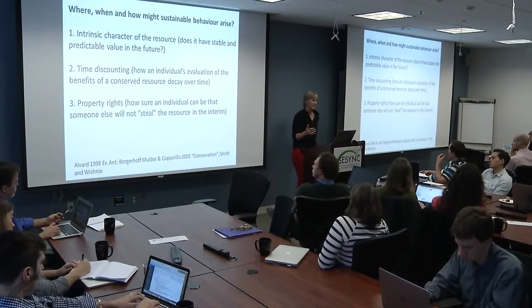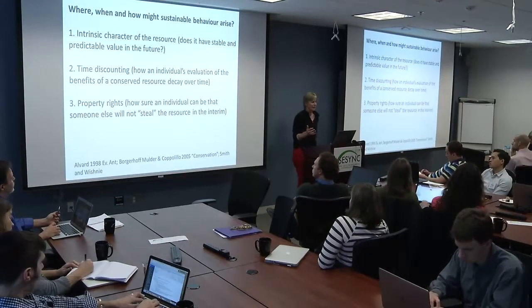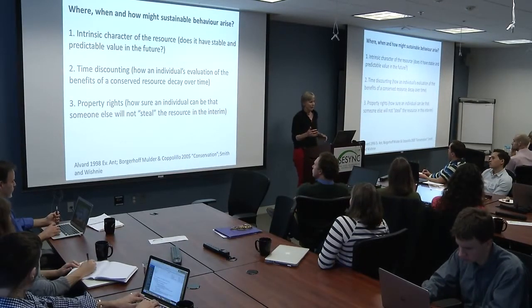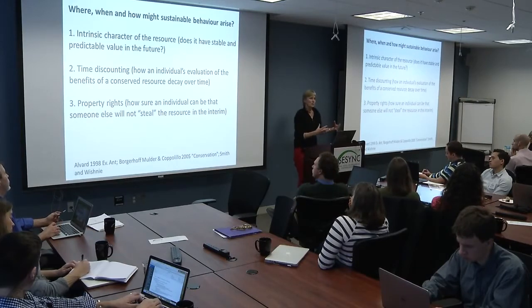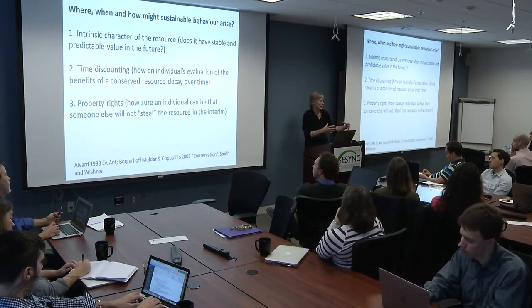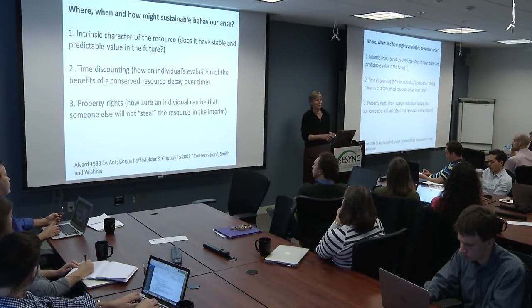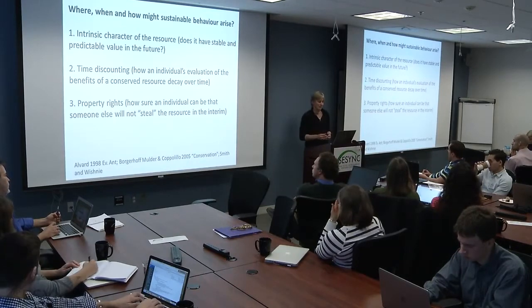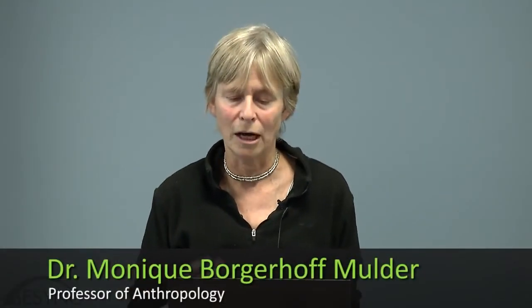And thirdly, we need to consider property rights. That is, how sure an individual can be that somebody else won't steal the resource that they're conserving, that they're bearing the costs of not taking at the moment because they expect to be able to take it in the future. The property rights issue will come up again, and is explored more with the concept of cooperation that I'll get onto closer to the end of the talk.